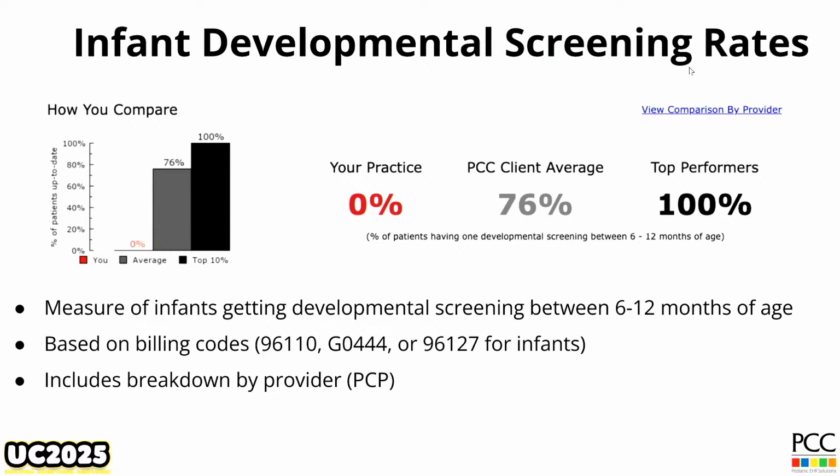So it's looking for one screening billed between 6 and 12 months of age. We did that because some people do it at 9 months, some people do it at 10. So we're looking for it during that time period. And there is a breakdown by PCP for this one and the adolescent depression screening too.